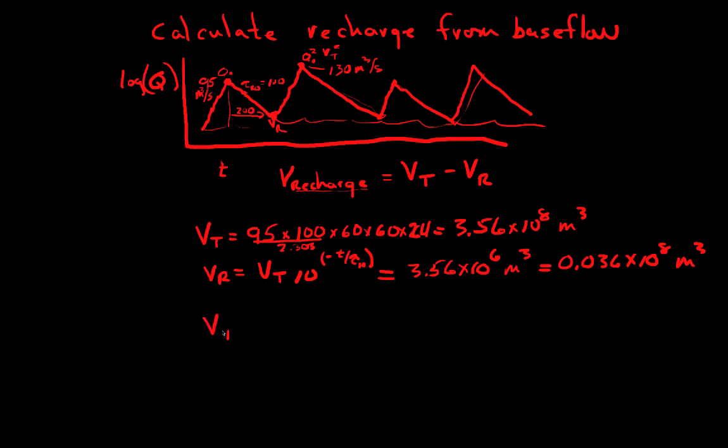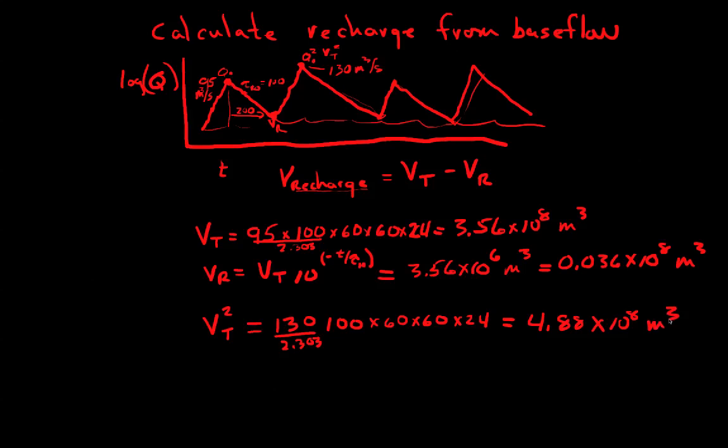So the total water in the aquifer at the beginning of the second water year will be 130 divided by 2.303. I remembered to divide by my conversion factor there, times 100. It's still the same decay rate, times 60 times 60 times 24, and that number is going to be 4.88 times 10 to the 8th cubic meters.